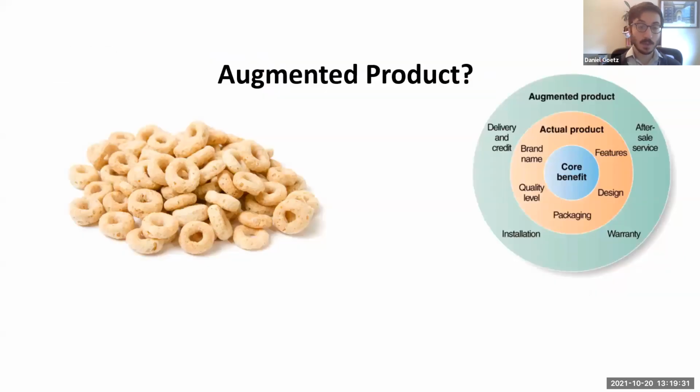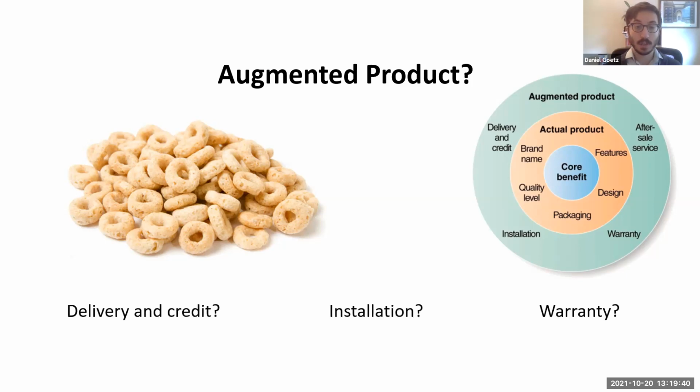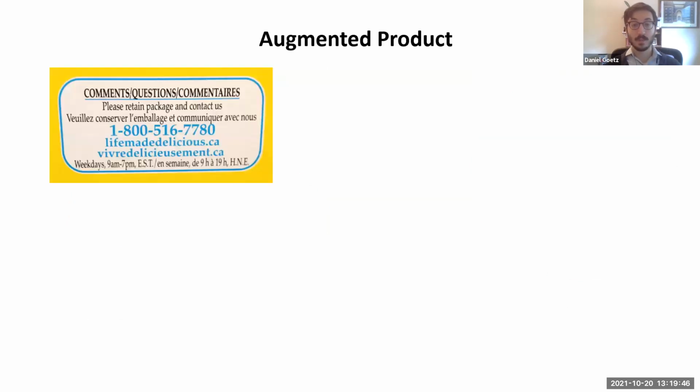Now, for the augmented products, right, are there any choices being made here by General Mills? Well, it kind of feels like maybe no, right? Delivery and credit, installation, warranty. You don't need any of that for breakfast cereal. But we do have a little helpline or comment line on the back of the package, as well as some websites that you can visit.